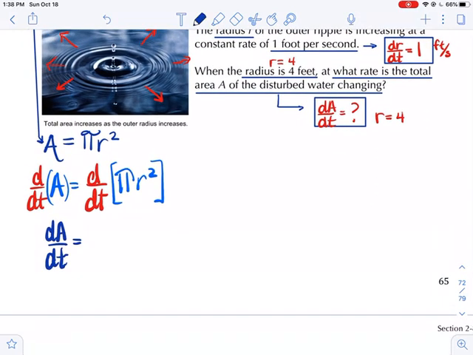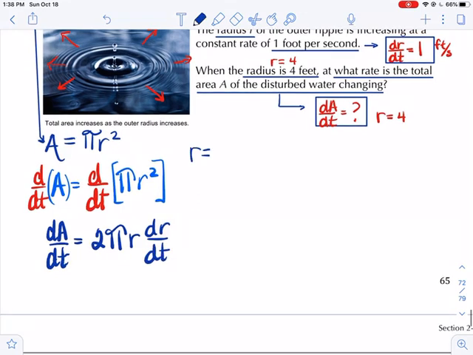And then on the right-hand side, we have the derivative. Remember, pi is just a constant. So then we have 2 pi r dr/dt. Remember that we're using chain rule with this because r is some kind of a function of time. So dr/dt is the derivative of the inner function f of t. There's an inside function hidden, okay?